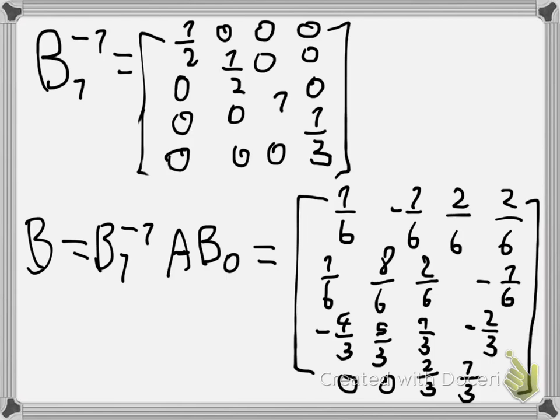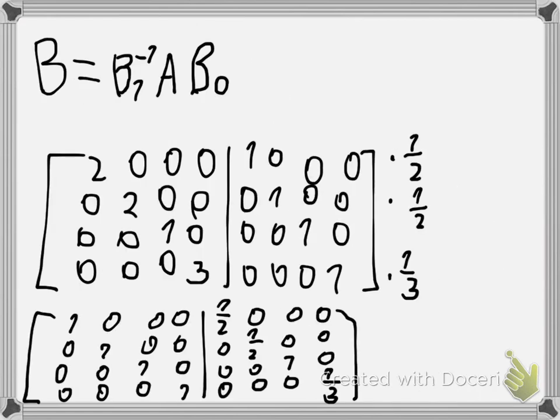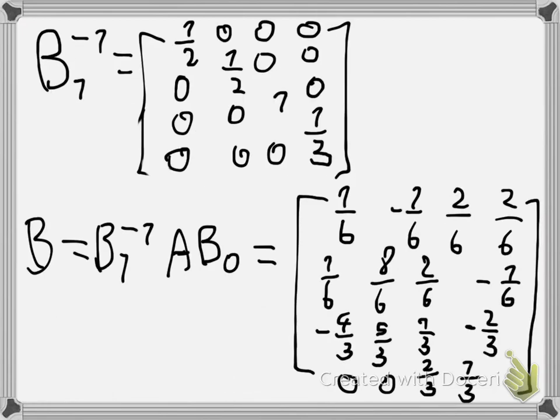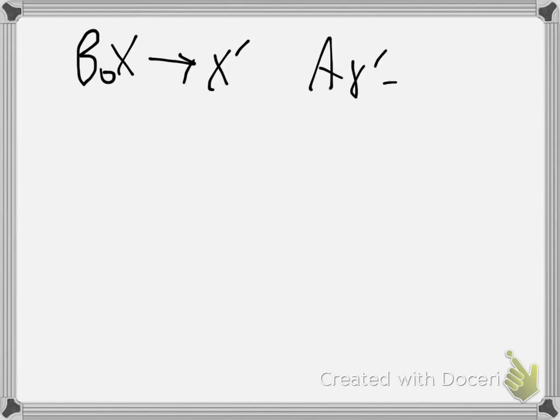Basically, first you want to go from your old basis to the standard basis, and to do that you just multiply some vector x with B0, your old basis. Then you apply A to it, and you get some other vector according to the standard basis.